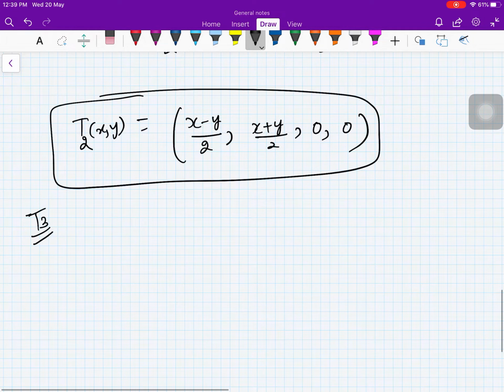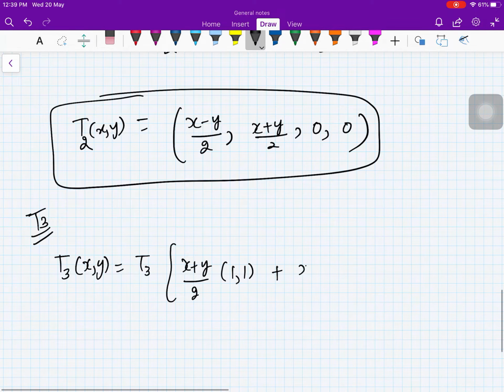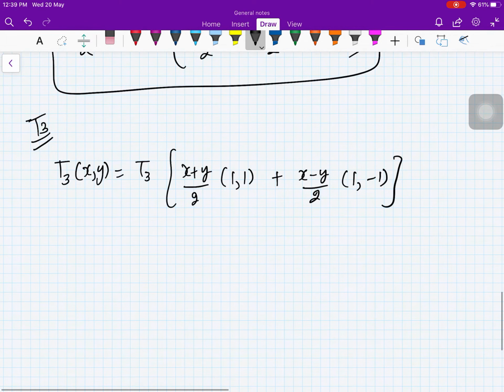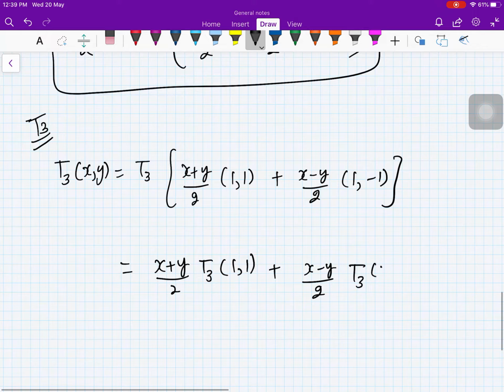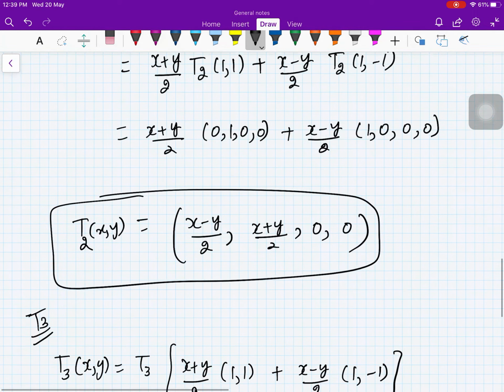Now let us look at the third linear map. Again you'll write T3 of (x, y) as T3 of (x+y)/2 times (1, 1) plus (x−y)/2 times (1, −1). So this is equal to (x+y)/2 T3 of (1, 1) plus (x−y)/2 T3 of (1, −1).